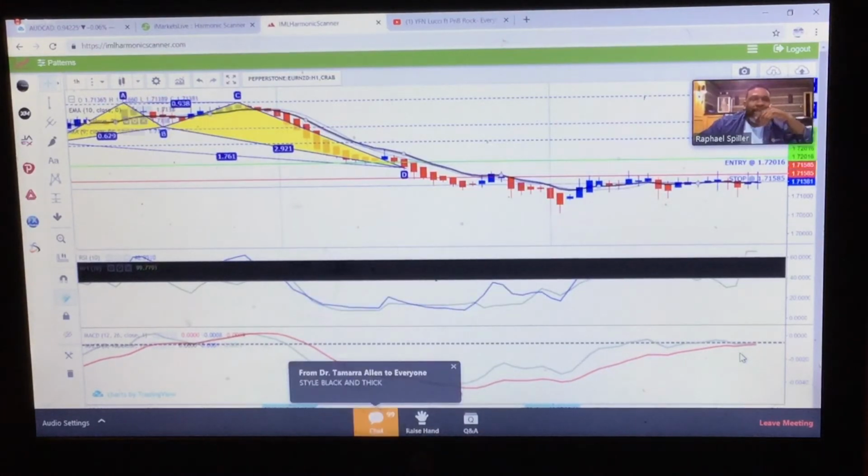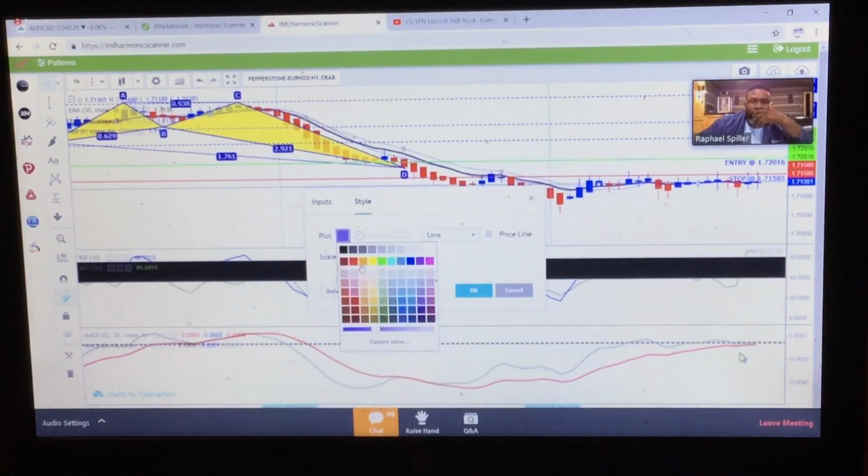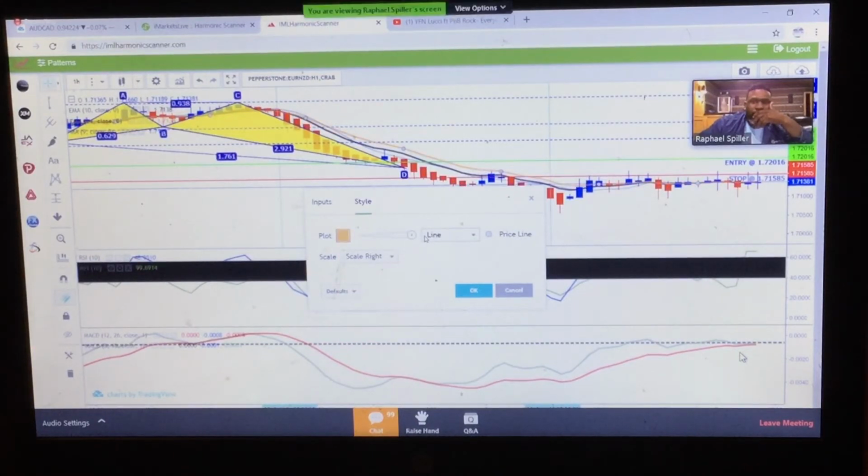My next exponential moving average is going to be 14, close. My style, I'll make it orange. I'll make that line thick too. And I'll click OK.